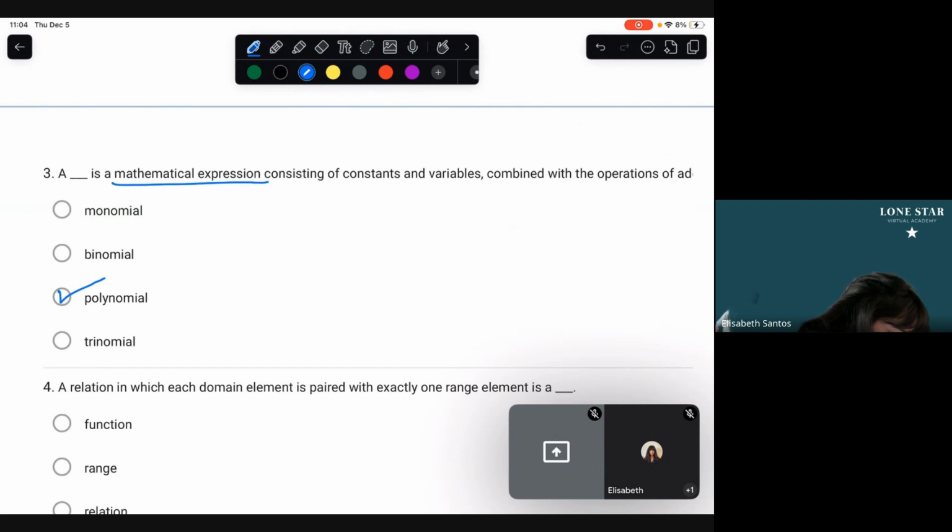So for instance, like this, 2x plus 3y plus 40z minus 300.